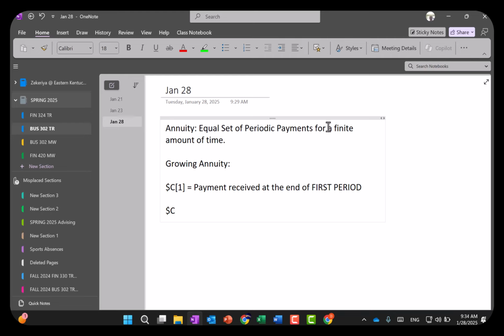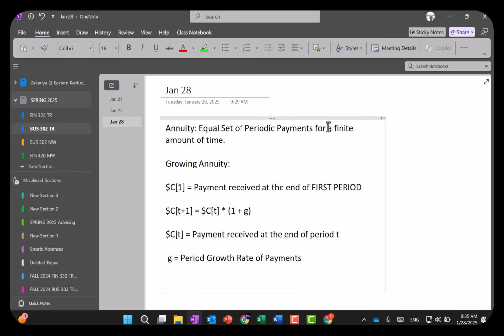And after that, payment in period T plus 1 equals payment in period T times 1 plus growth rate, where CT means payment received at the end of period T, and G is the period growth rate of payments.